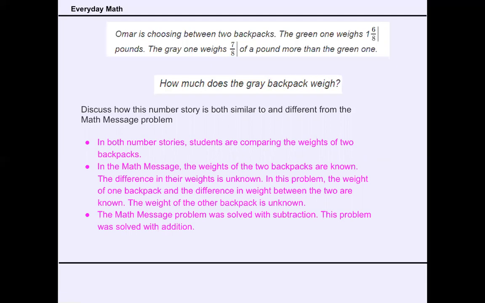The weight of the other backpack is unknown. The math message problem was solved with subtraction. This problem was solved with addition. So we really need to read the problem carefully, underline or highlight important information, and understand what the problem is asking first before we start to solve, so we know what we are looking for.